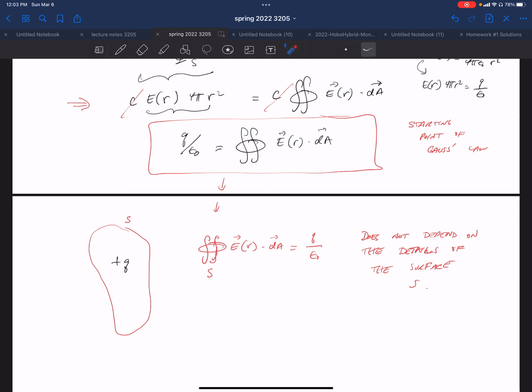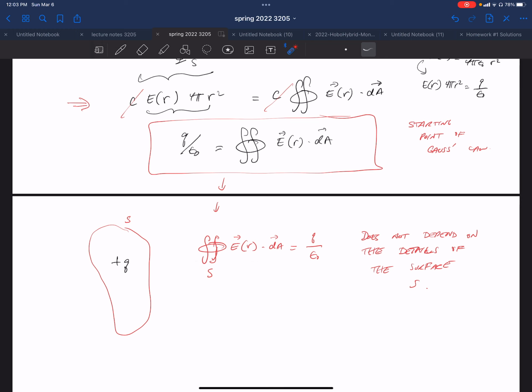Okay, and so everybody at this point should know how to calculate this. And by that, I don't mean knowing how to do the actual integral. Yeah, the integral is going to be difficult to do.